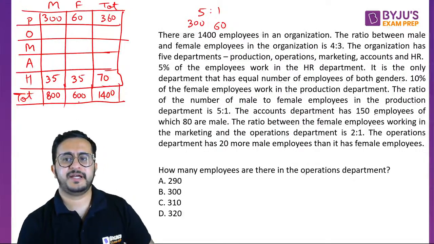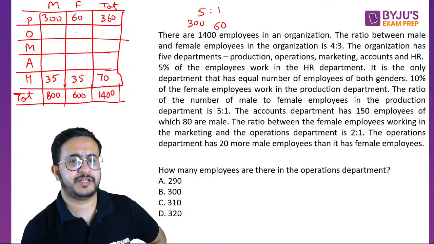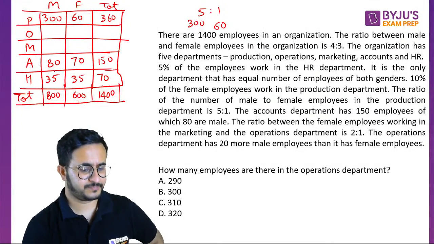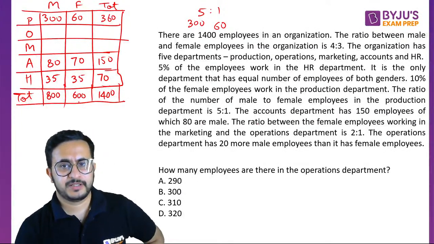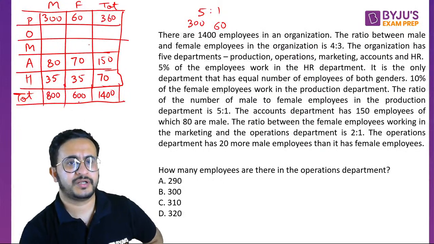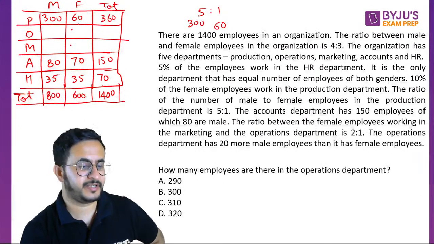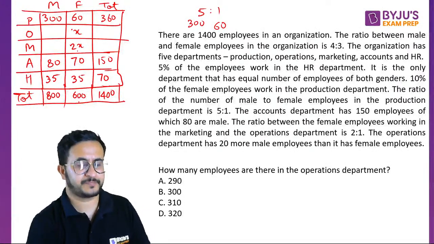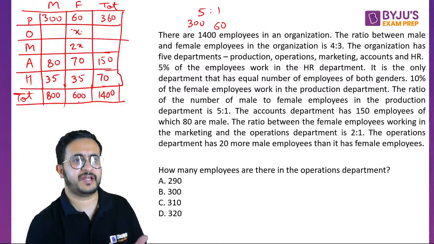The accounts department has 150 employees, of which 80 are male. So accounts has 150: 80 male, 70 female employees. The ratio between female employees working in the marketing and operations departments is 2:1. Suppose this number is x, so this will be 2x. We can easily find the value of x.